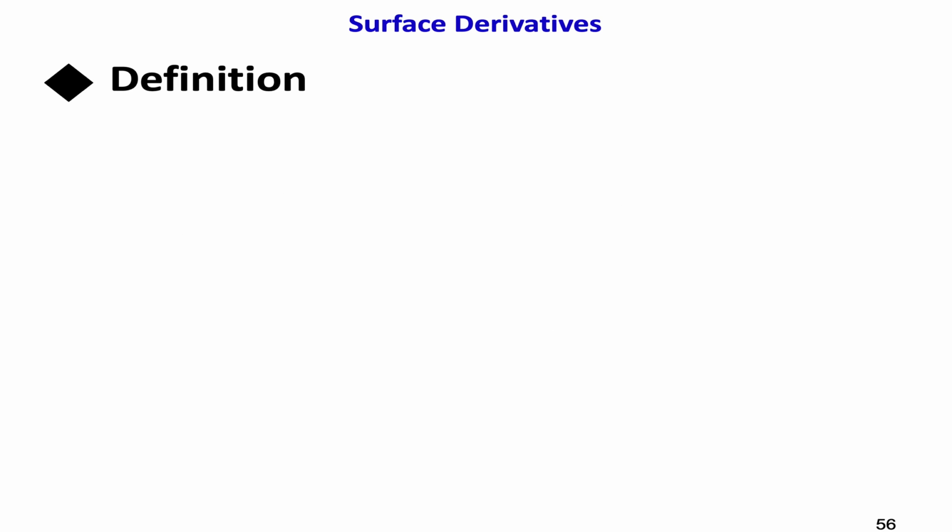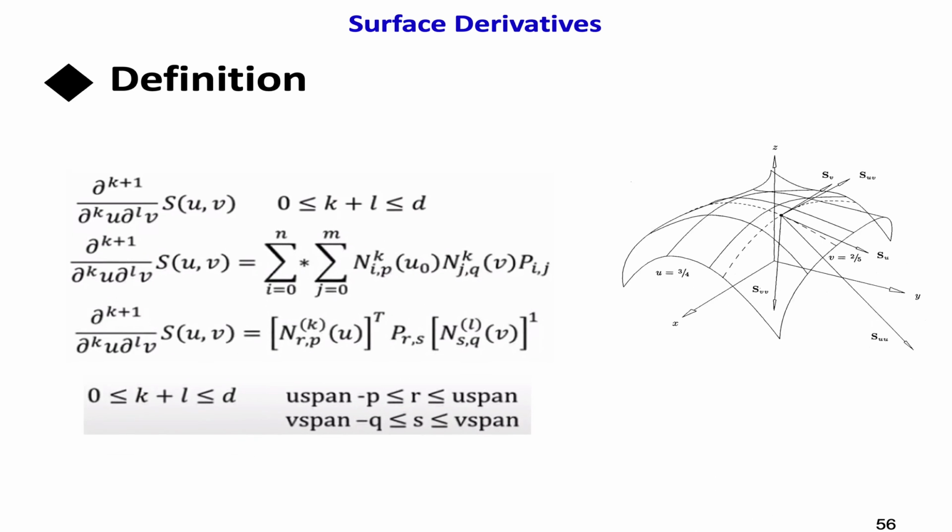Then we come to surface derivatives. If we differentiate the common equation of the B-spline surface with respect to u and v, we get these equations. On the right side, you can see the direction of the derivatives of a B-spline surface.